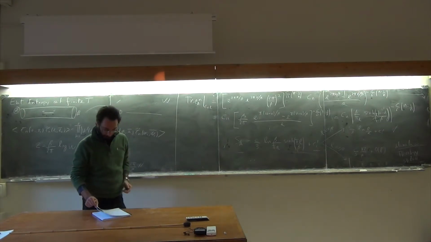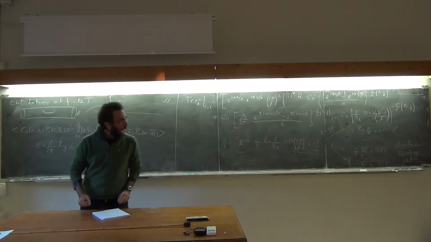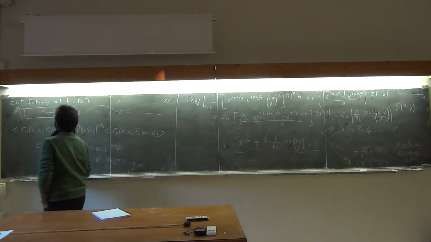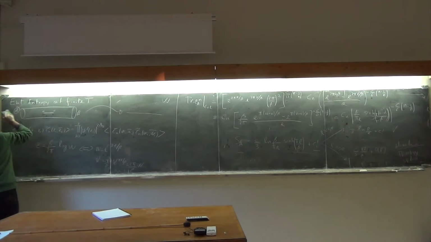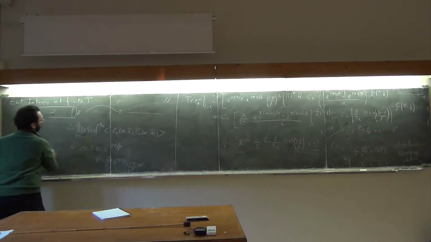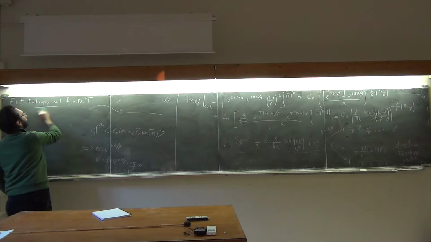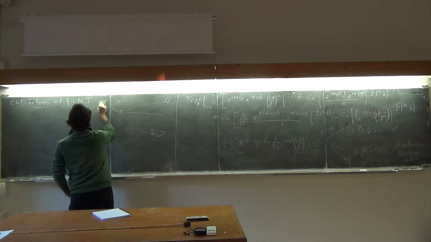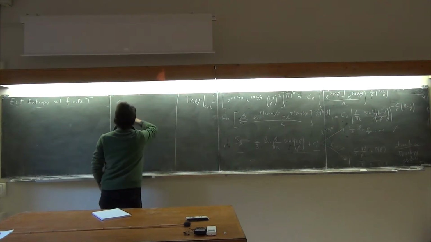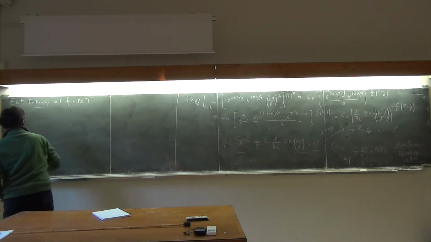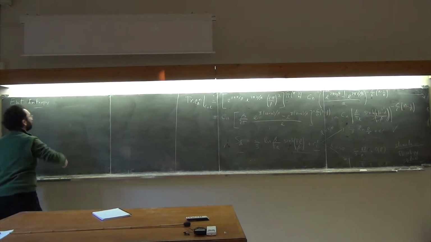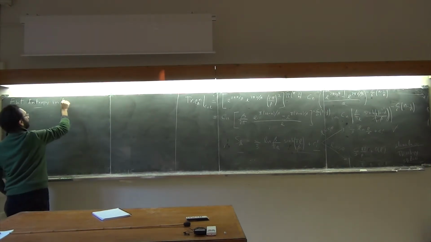Before the break that I would like to make soon, I want just to show a very simple variation of all this. And this is the entanglement entropy in a finite system.